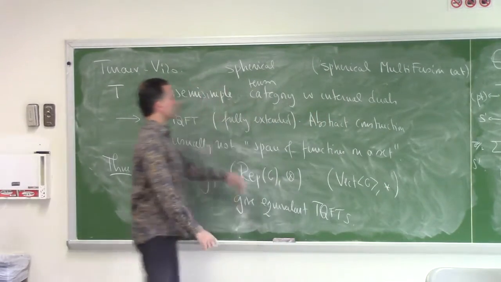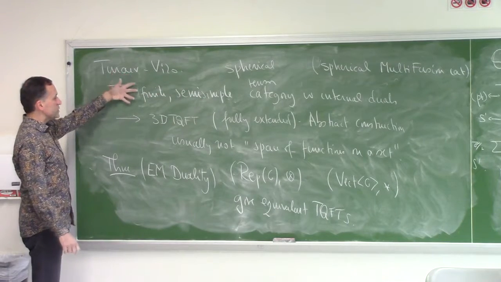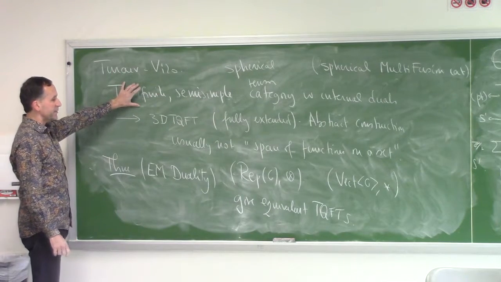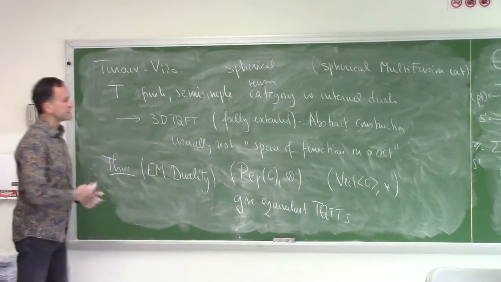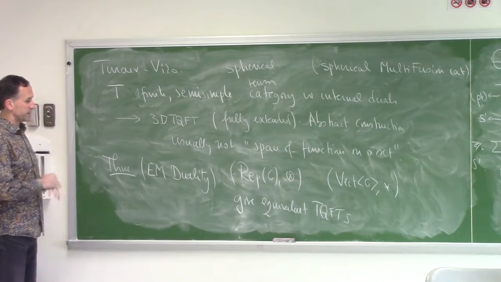And that's more or less clear once you understand you can construct a TFT just from a tensor category, because these turn out to be Morita equivalent categories. So that works.